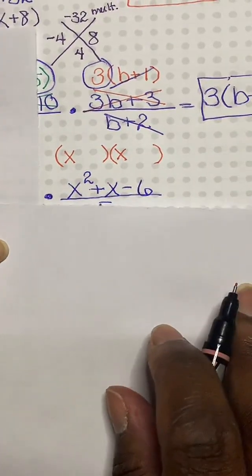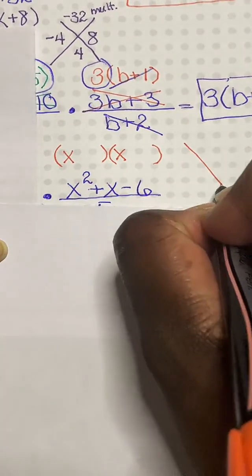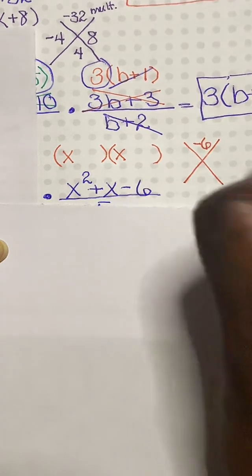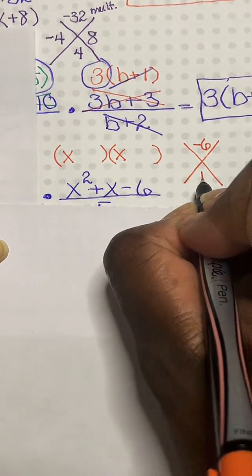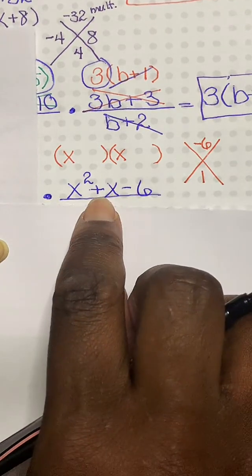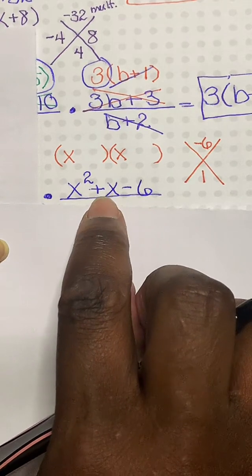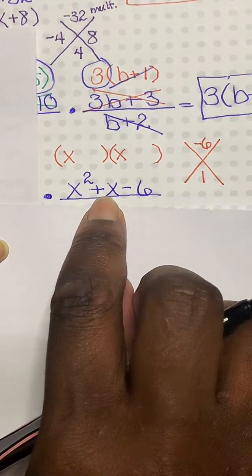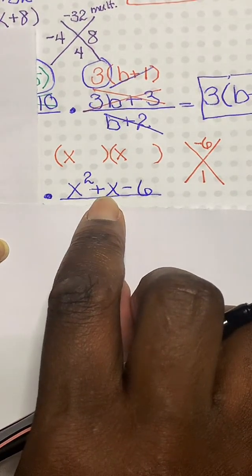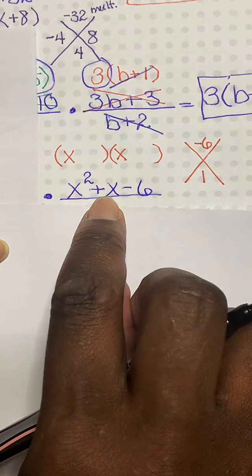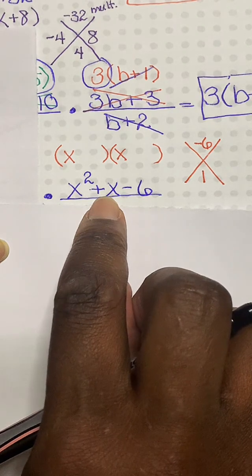Now I need to think, what two numbers multiplied together will give me a negative 6 and add together to give me a positive 1? If you don't see a number in front of that x as a coefficient, it's assumed to be a 1.